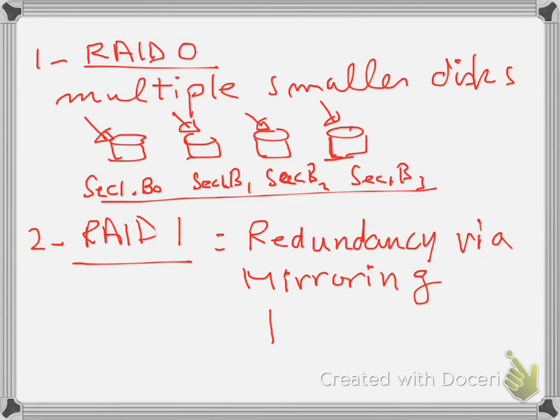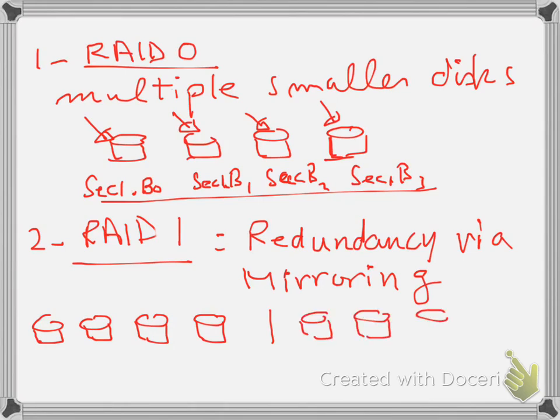Meaning that if I have 4 disks, I will have another 4 disks. So if this is disk 1, this is disk 2, this is disk 3, this is disk 4, then this will be the mirror of 1, this will be the mirror of 2, this will be the mirror of 3, this will be the mirror of 4. And I don't do any striping. It's just mirroring. So if one of these fails, I have the backup.